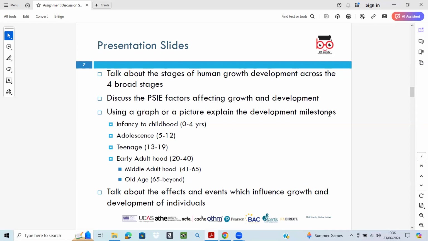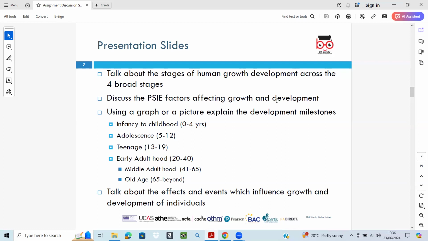And then we have to discuss the factors affecting growth and development, and we may need to explain how psychological, social, intellectual, and emotional factors influence growth and development.